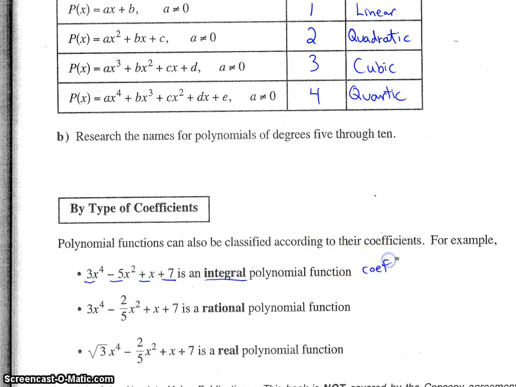So the coefficients are integers, hence the name integral. Or rational. The word rational means fraction, or something that can be expressed as a ratio of something over something. And take a look, because of this coefficient, we would classify that as a rational polynomial function.